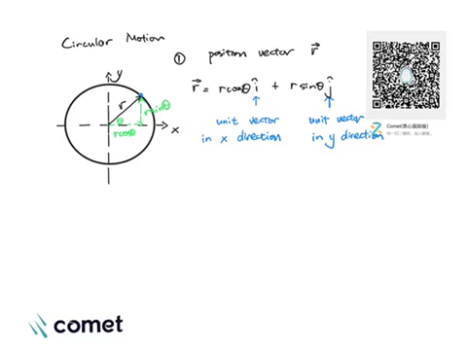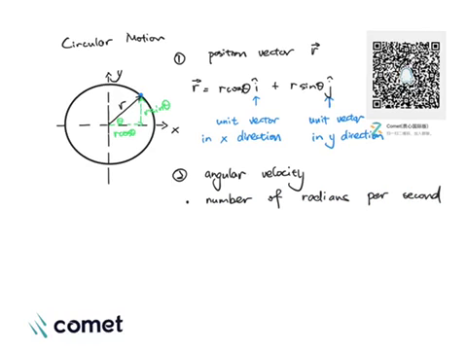So, to capture theta, we use another physical quantity called angular velocity. The definition of angular velocity can be compared with linear velocity, that is, the number of radians per second. We use the Greek letter omega to express this physical quantity.